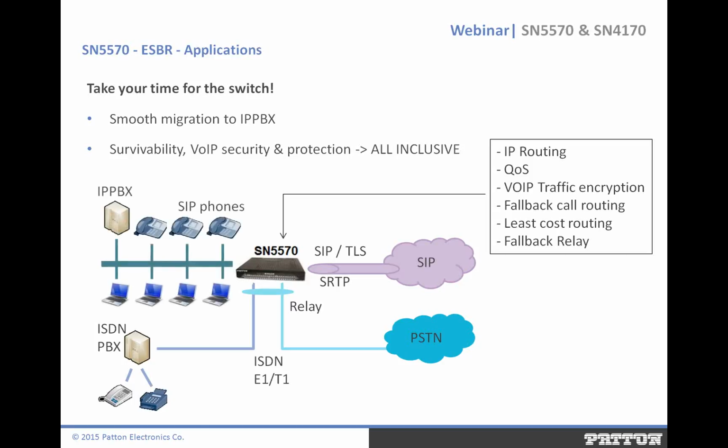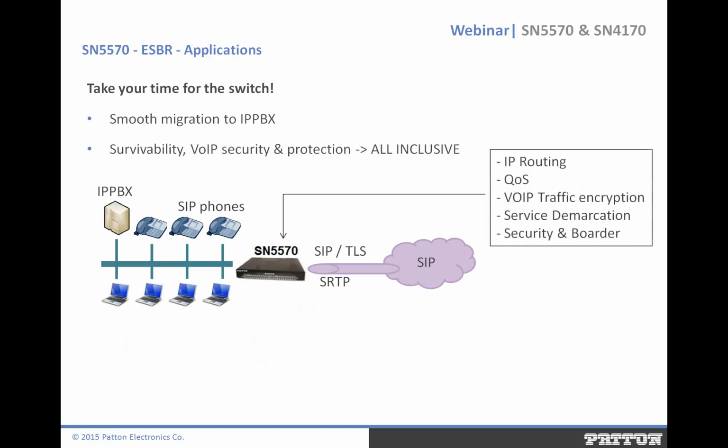And moving on, if at a certain stage this customer would like to move to an IP PBX, the 5570 still stays in the middle as indicated here. It's managing all the connections, and as you can see, an IP PBX could even coexist with a legacy PBX, and the 5570 will be responsible for all the call routing and all the VoIP security, all of which is included in the 5570.